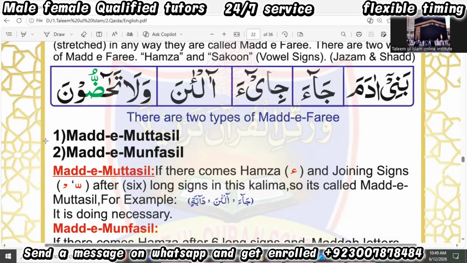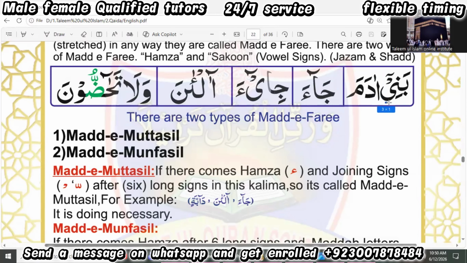Now the second type of madde far'i is called madde munfasil. What is madde munfasil? After six long signs, when there is a hamza, we know that if there is a sign above or under the alif, we call it hamza. When there is a hamza, but the hamza is in the next word, then we will read it 3 seconds long.